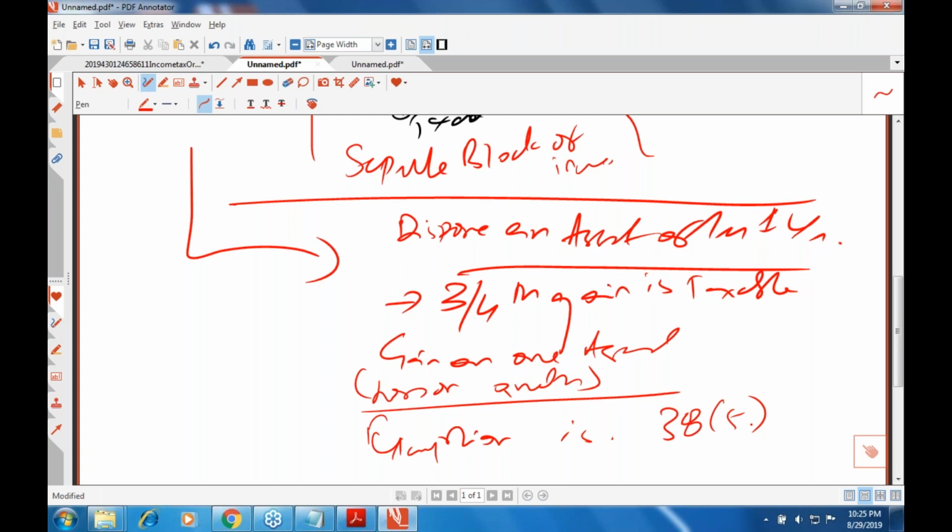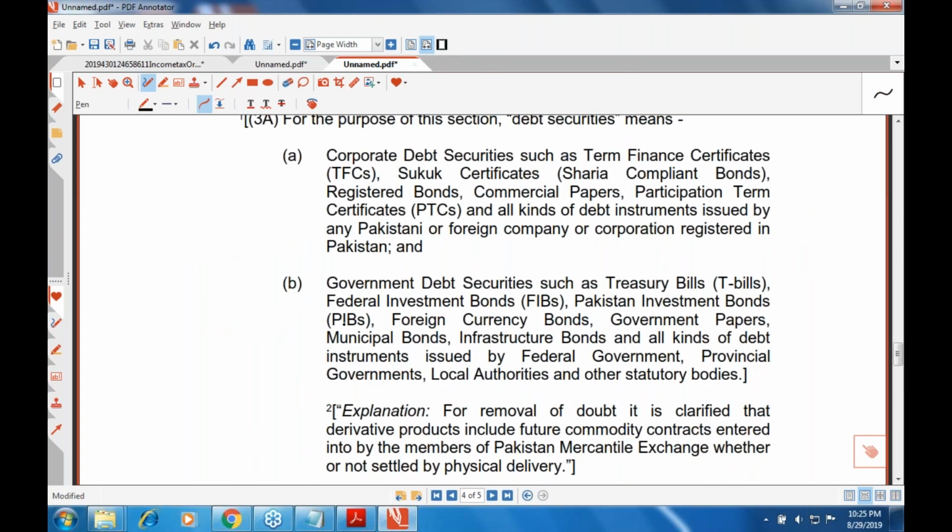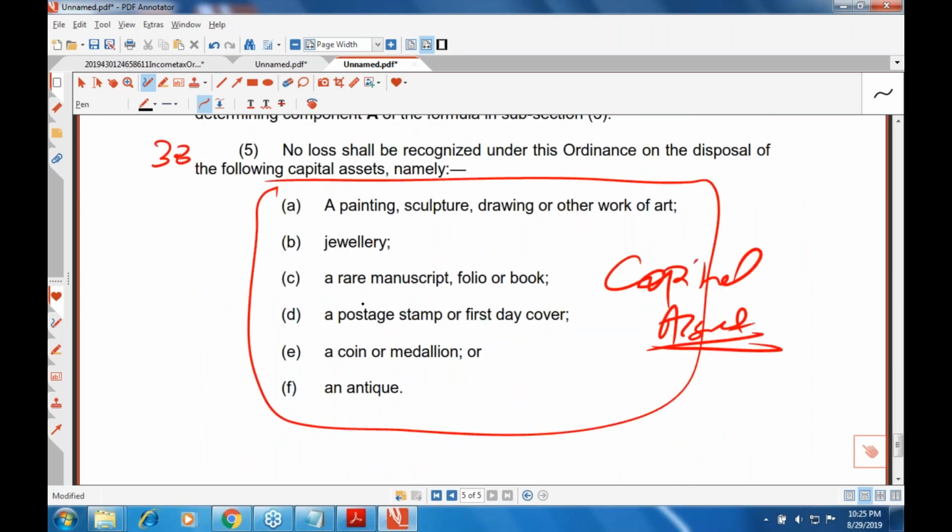So what do we mean by section 38 subsection 5? These are assets like painting, jewelry, rare manuscript, postage stamp, coin, medallion, antique, etc.